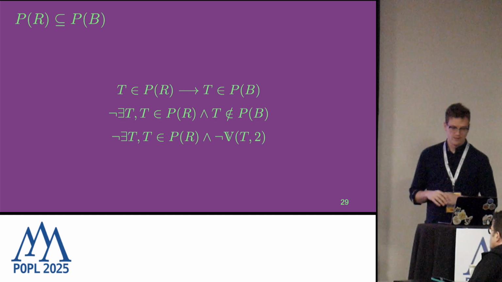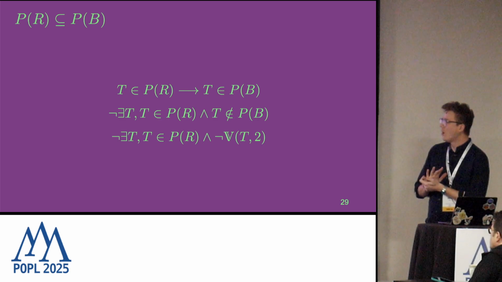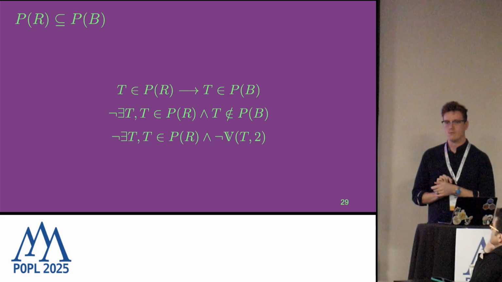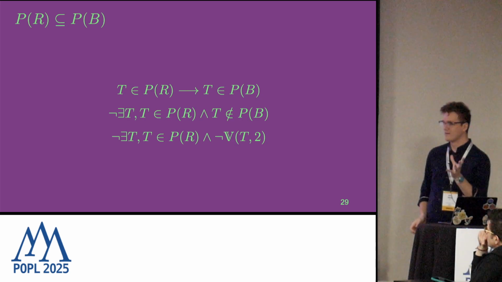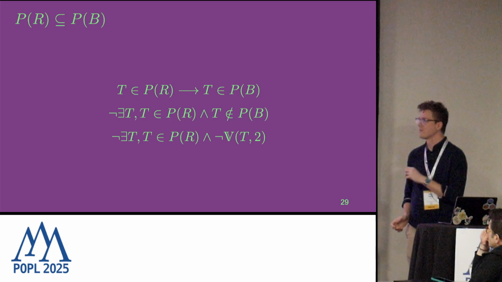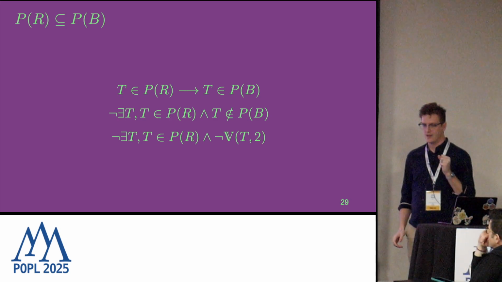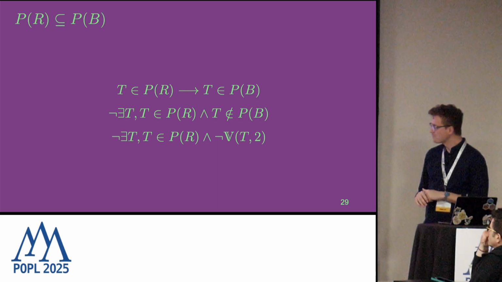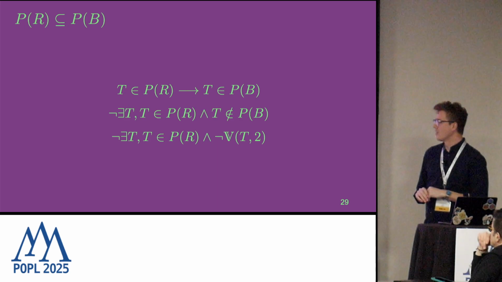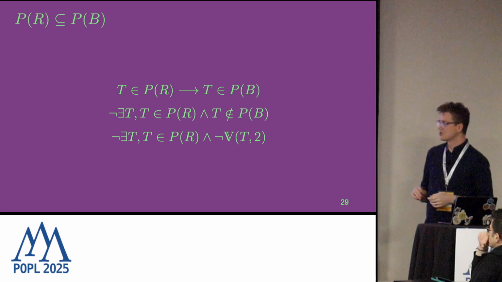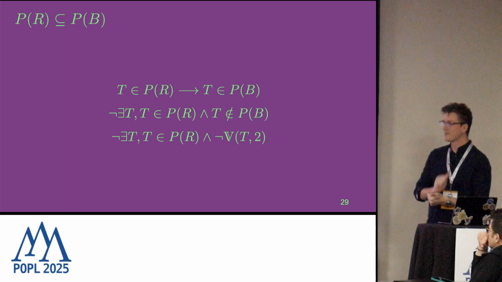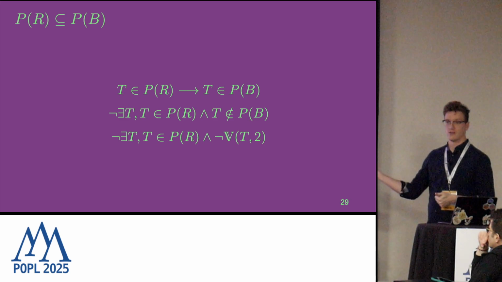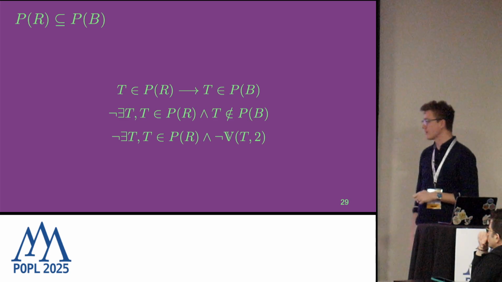So this side, we say that all the possible traces in our Mealy machine model is a subset of the possible traces in the partial order, right? So with a little bit of Boolean algebra, we can show that this is the same as saying there does not exist a trace that violates the validity rules, the partial order, right?